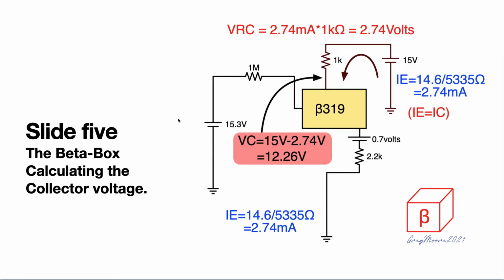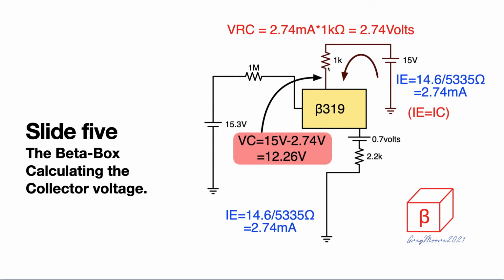Okay, moving on. Beta box, calculating the collector voltage. And once I know what IE is, again, just repeating myself, IE is equal to IC for all intents and purposes. So we can multiply the IE times the 1K here to get a voltage across the 1K resistor.